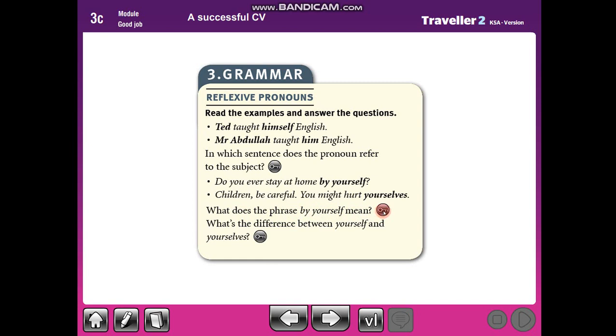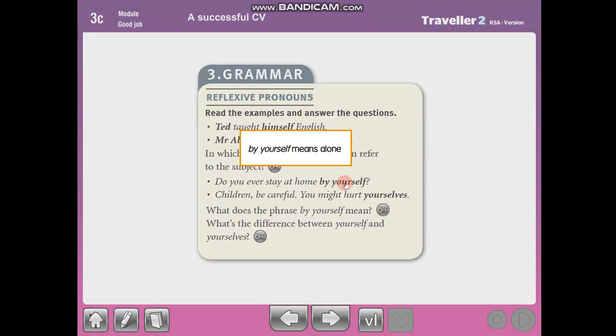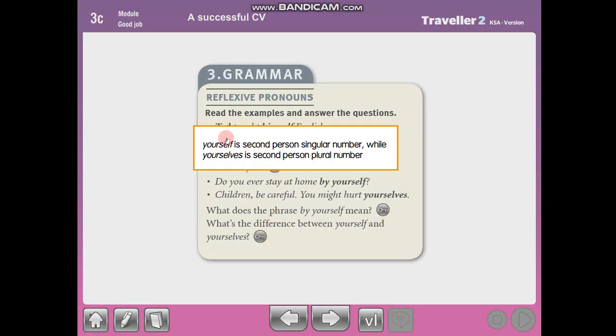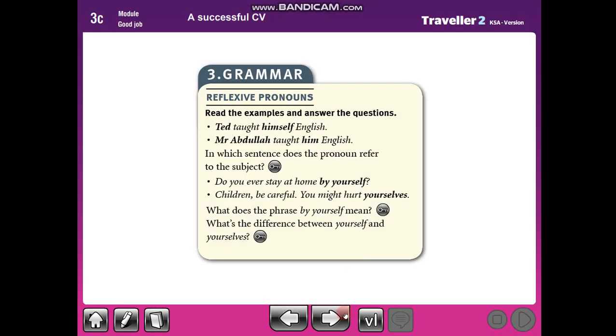By yourself means here alone, that you do this thing alone. What's the difference between yourself and yourselves? As we know, yourself singular, but yourselves plural pronouns. Yourself is second person singular, while yourselves is second person plural. Okay.